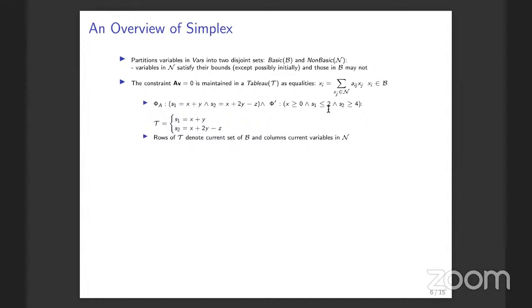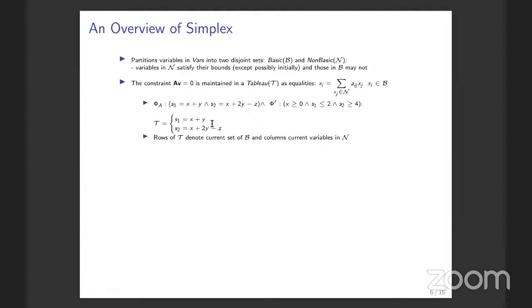This is the formula that you saw as an example, where you had introduced the additional variables and you had these constraints over the variables. If you just keep these equalities as is, that is what the tableau is.